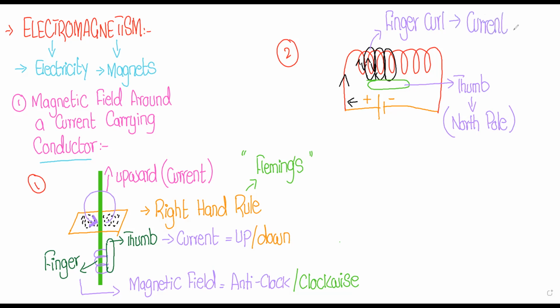So that is the difference between the two orientations of the coil: either the conductor is in a straight line or it is in a circular form. So this is the direction of the magnetic field and electric current in a current carrying conductor.